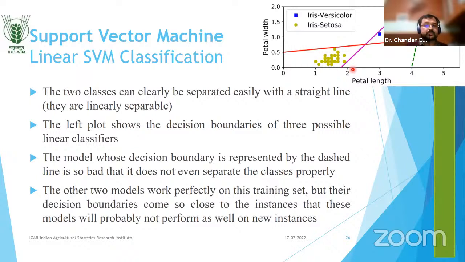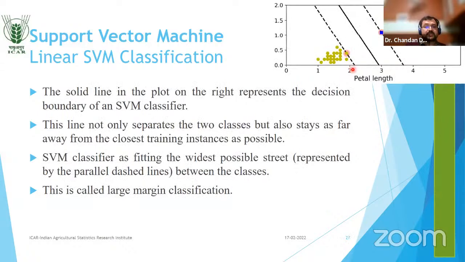Whenever a new object comes to this classifier, it will not be able to properly classify that new object. But the right side plot is describing the wider road. That means here our classifier is there, and the first object of this class is very far from this road.